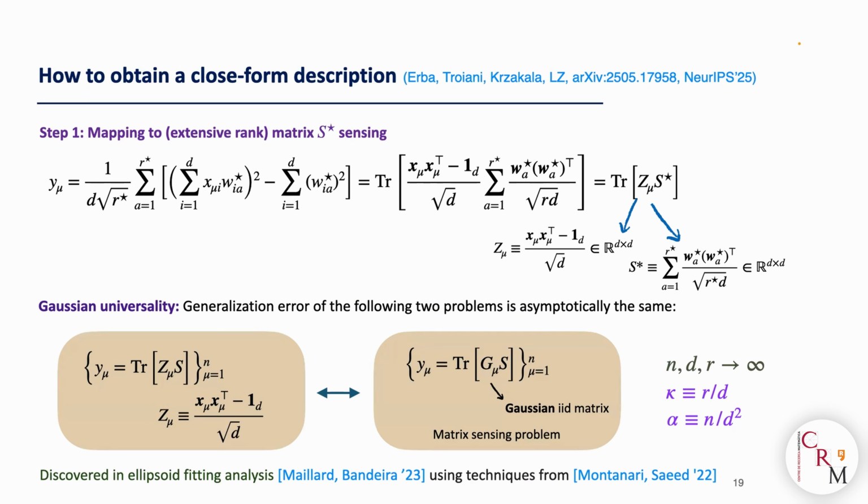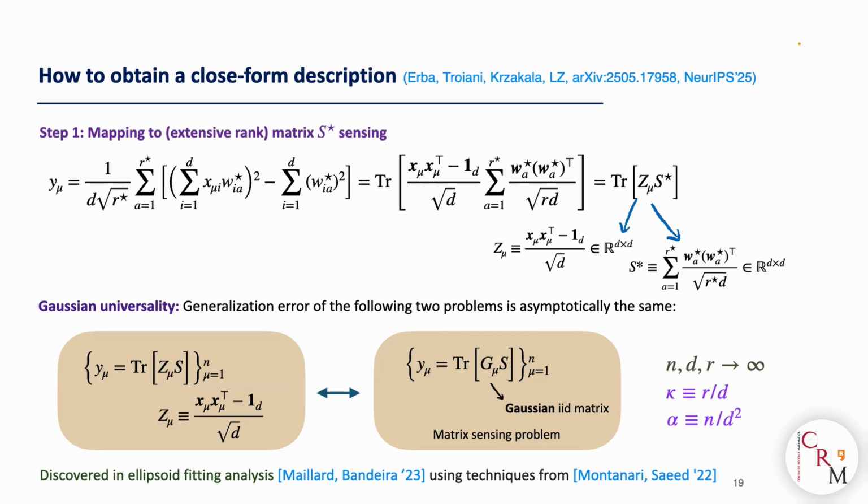And one thing that we realized, and it comes from previous papers, and to prove it using techniques from previous papers, is a Gaussian universality property that is a bit surprising here, because it tells us that this matrix, that is a rank 1 matrix plus identity, can be replaced, if we are just interested in the generalization error, by just a Gaussian IID matrix. Of course, these two matrices do not look at all alike, but when it comes to the value of the generalization error, we can prove that it is asymptotically the same value for the two cases.